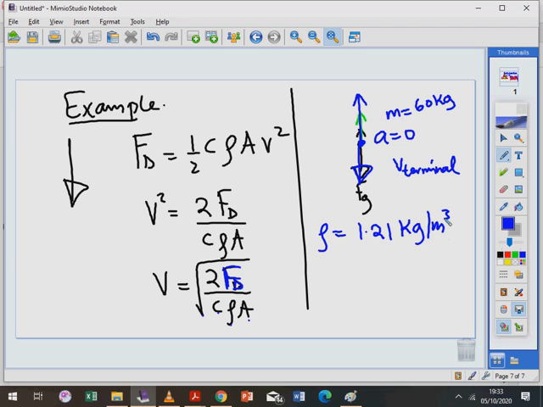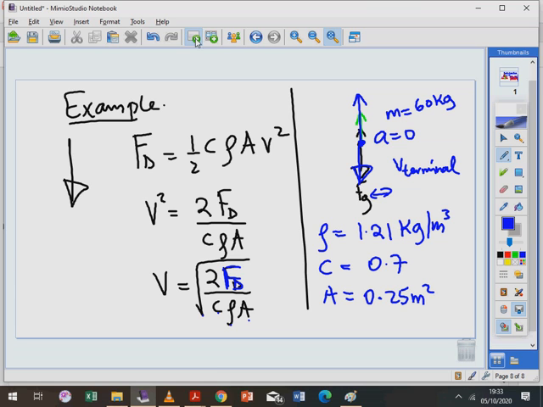The force of drag is equal to the force of gravity. The coefficient of drag for air, I think, is around 0.7. All of these values are constant, and there's a table in your textbook. And the surface area of Shuad's head, I'm going to say is around 0.25 meters squared. So you can use all of those values to find the terminal velocity.